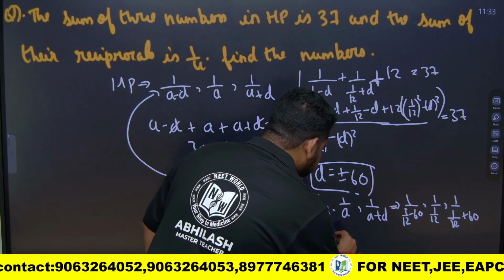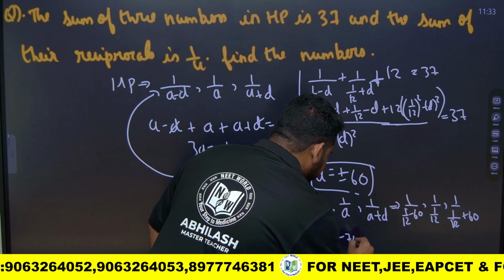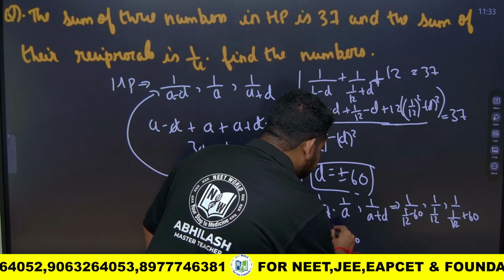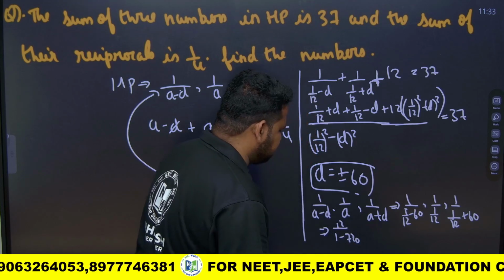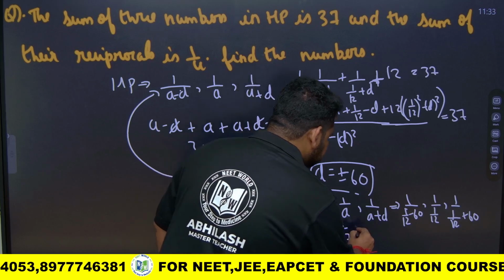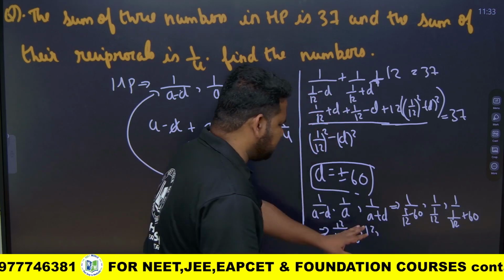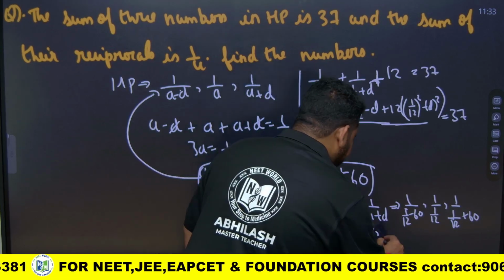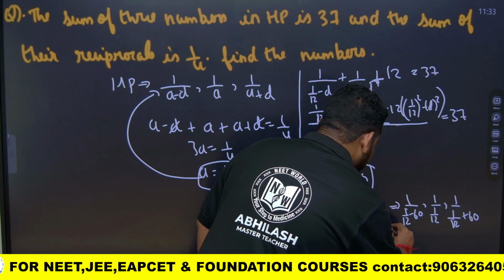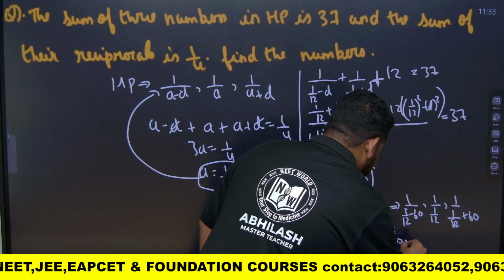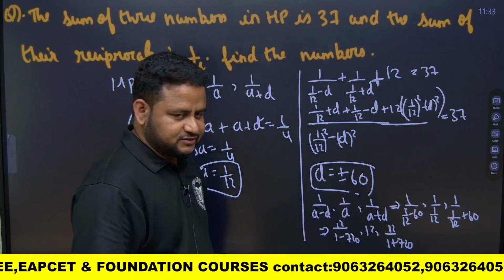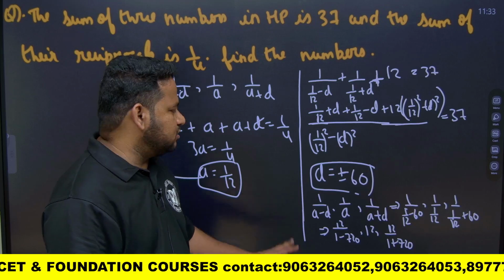So it is 12 by 1 minus 720, and 12 by 1 plus 720. Like this you will get the numbers. Further simplify and you will get all three numbers.